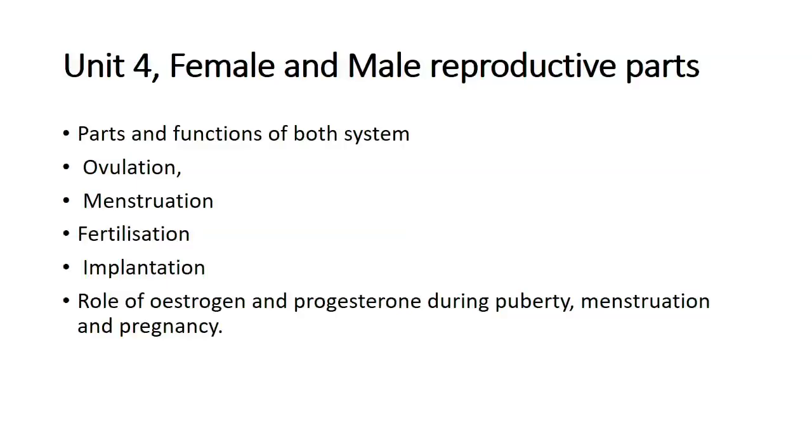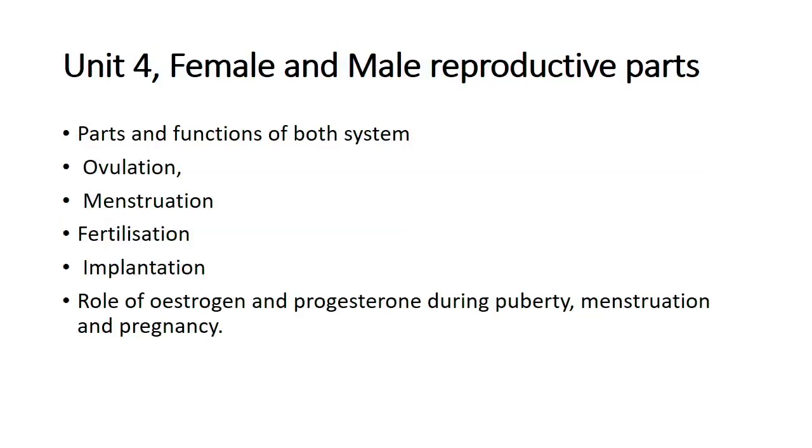The processes that occur in the female reproductive system: ovulation, you need to know what is ovulation, the menstrual cycle, and also the role of estrogen and progesterone. What do they do during menstruation? What do they do during pregnancy? And what do they do during puberty? Please, you need to know them.